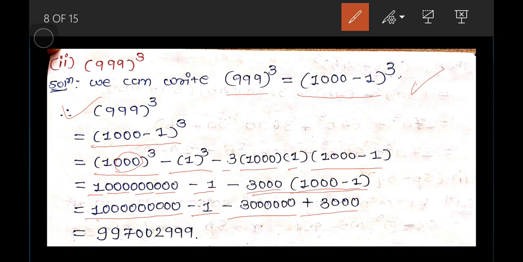Now after evaluating this, we can find the value of 999 cube as given here, that is 99 crore 70 lakhs 2,999. So easily with the help of cubic identities you can find such numbers.